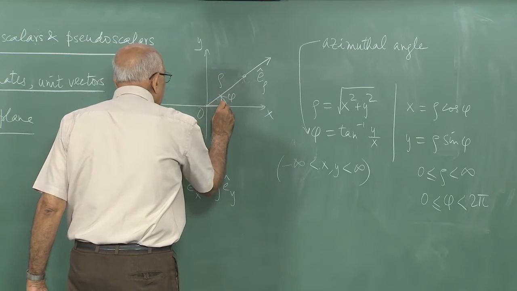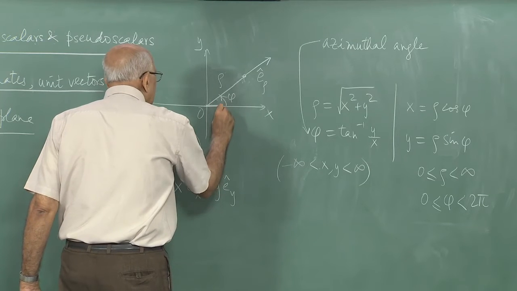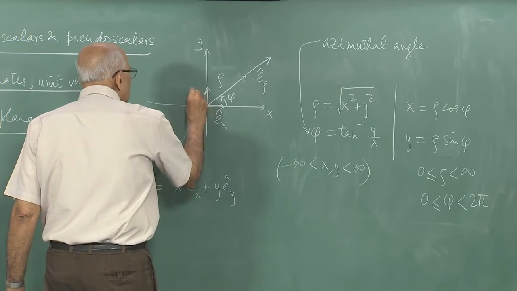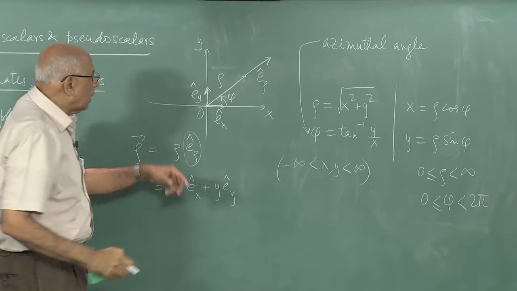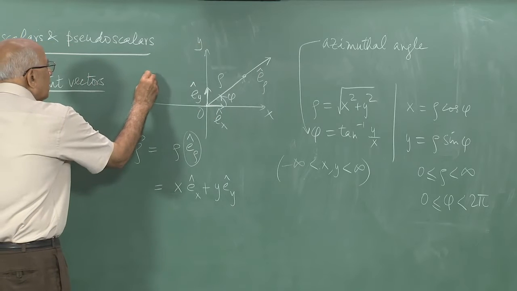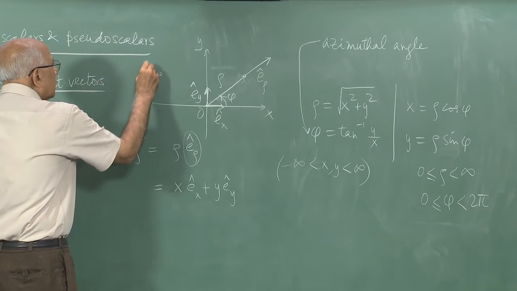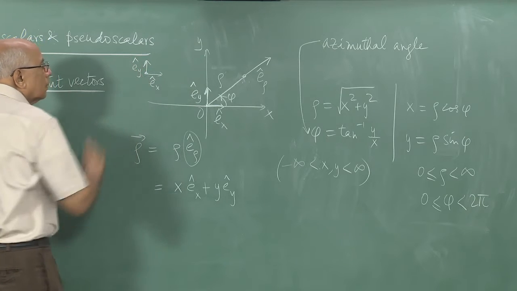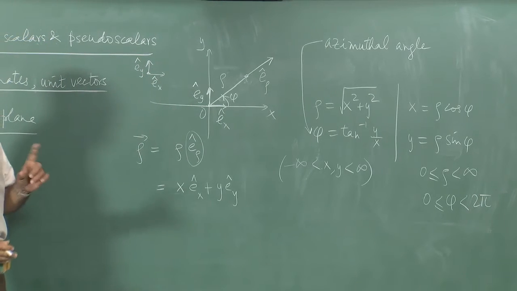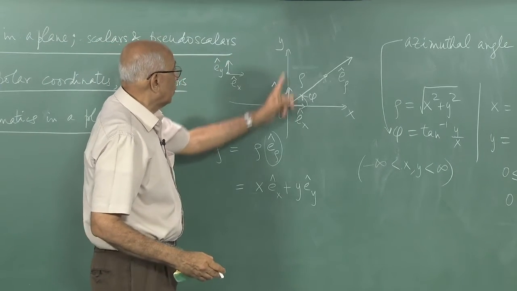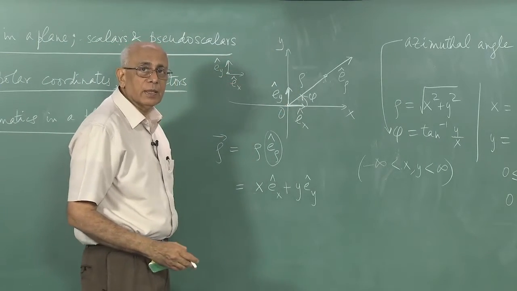So this is the unit vector in the x direction, Ex, that is the unit vector in the y direction, E sub y. And I pointed out that wherever you are in the plane, the unit vectors in the x and y directions remain unchanged. Unlike the radial unit vector, which changes. If I go to this point, it points outward like that. If I go here, it points up in this fashion, and so on.